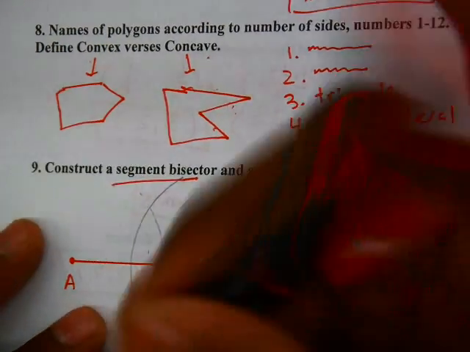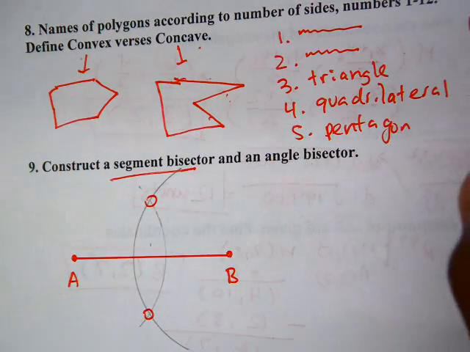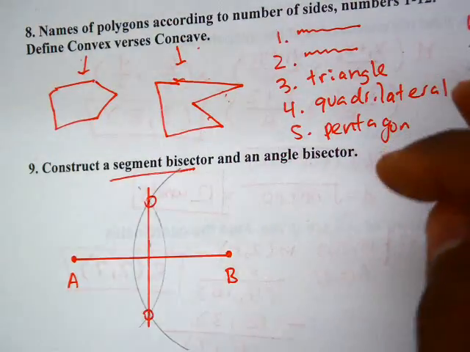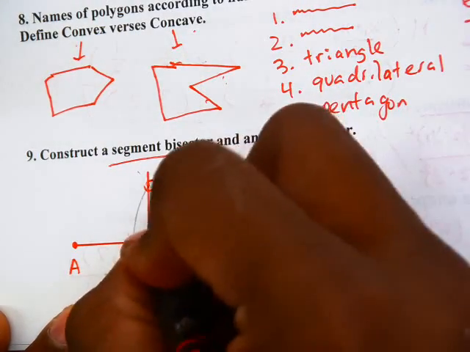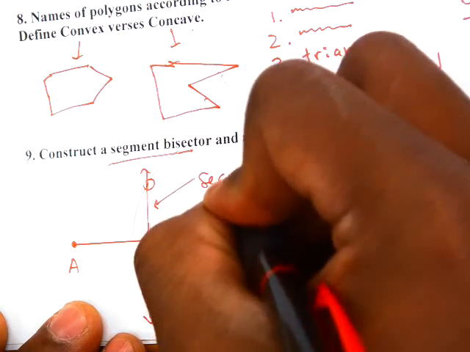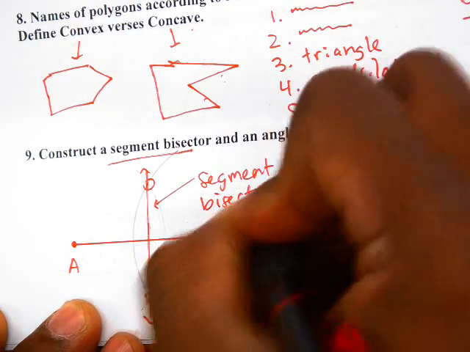Notice how the half circles intersect above and below your line segment. We need to get those points of intersection and connect them. So this line right here is the segment bisector. It cut that segment into two equal pieces.